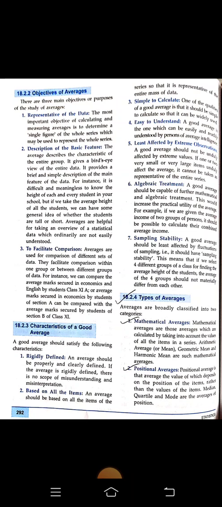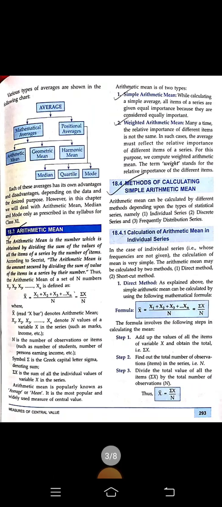Now let's come to the arithmetic mean. Arithmetic mean comes under the mathematical averages. The arithmetic mean is the number which is obtained by dividing the sum, that means the total of the values of all the items of a series, by the number of the items.